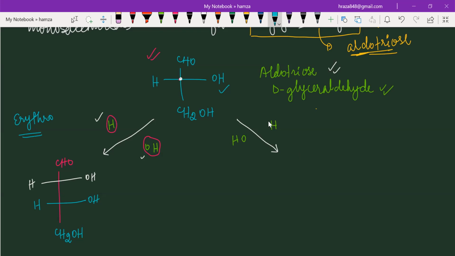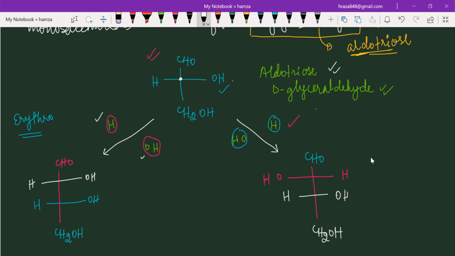In the same way, you are going to add H on the right hand side and OH on the left hand side. So this is CHO, and you add first H on the right hand side, OH on the left hand side, and whatever is in the compound will be written as it is. This is OH, this is H, and on the bottom CH2OH was there.